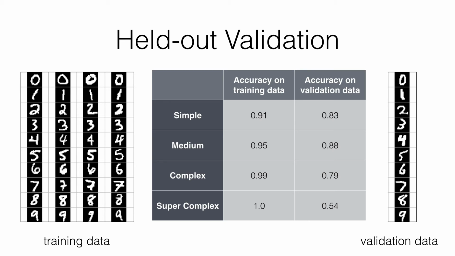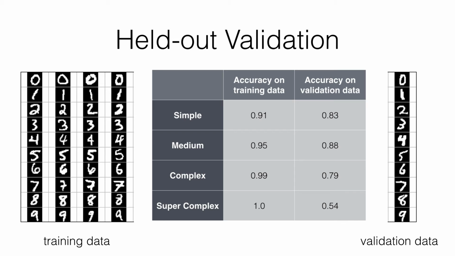And this is also not super robust, because we're depending on the one set that we held out, that validation data on the right, to be representative of what our experience will be when we deploy the machine learned hypothesis in our real world system.